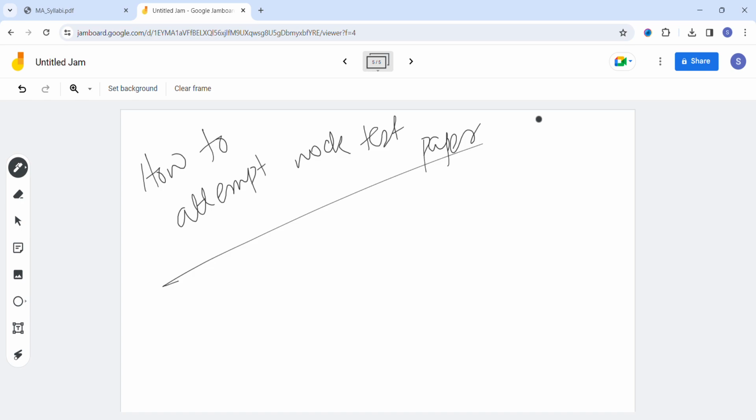Why I am saying that? Because you can't predict what is going to be the paper. Paper may be easier, paper may be difficult. Suppose the paper is difficult, and maybe 50 marks is a very very good score. Maybe 50 marks is enough to get under 10.